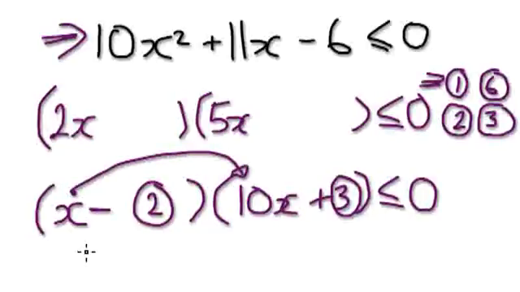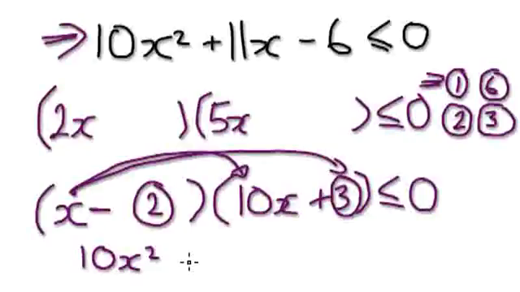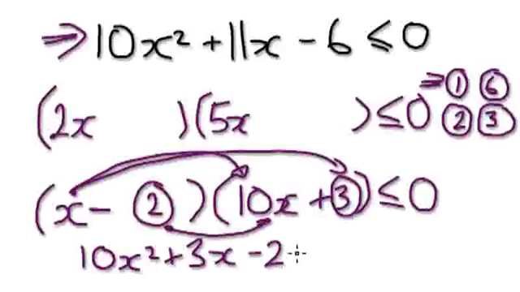This times this will be positive 10x squared, and then this times this here would be 3x. Now this times this will be negative 2 times 10, that will be negative 20x, and then negative 2 times 3 would give us 6x here.